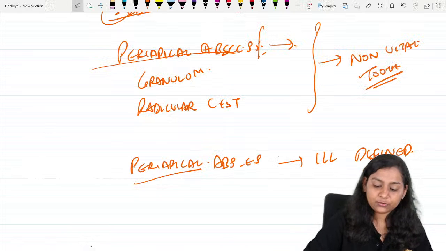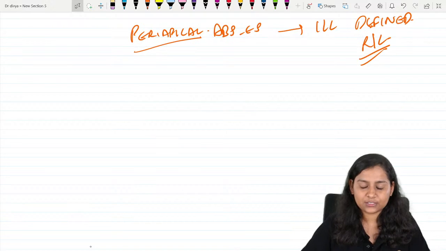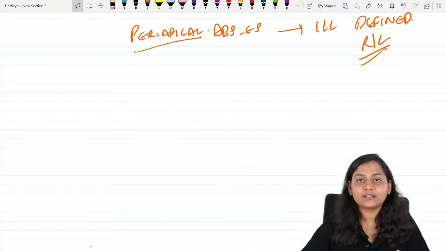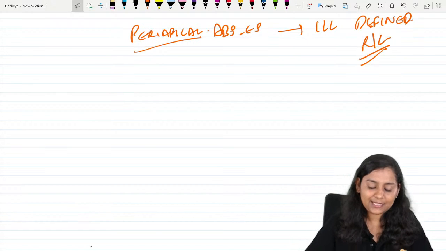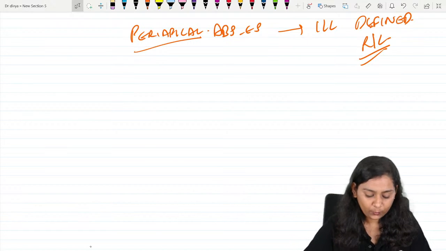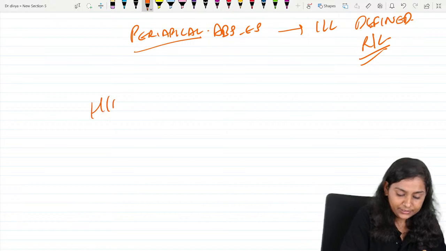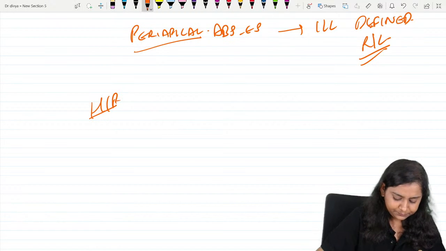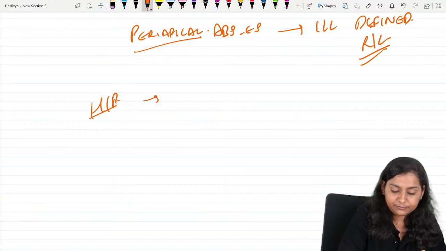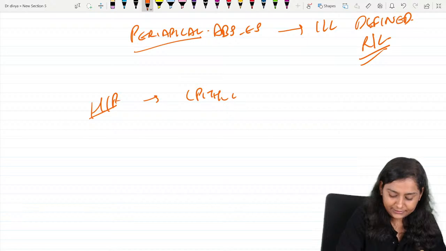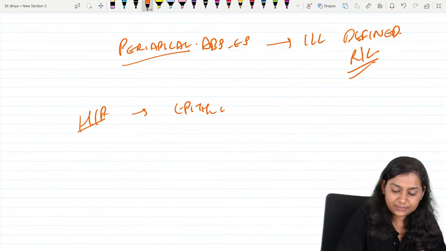Okay. Now coming to the histopath of the radicular cyst. Radicular cyst is a type of true odontogenic cyst derived from cell rests of Malassez, and it is associated with a non-vital tooth. Histopath is very, very important. Now the epithelium here is non-keratinized stratified squamous epithelium.